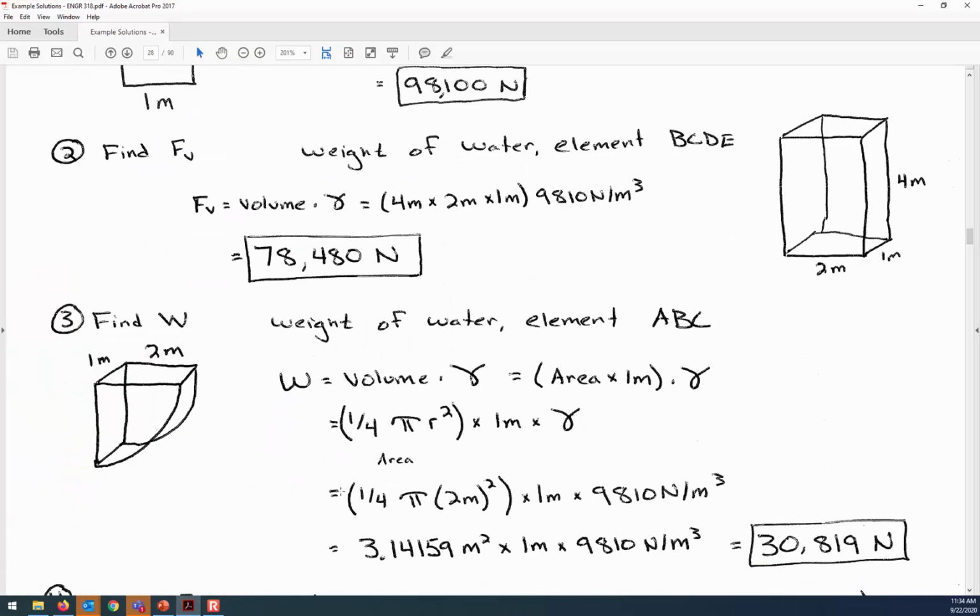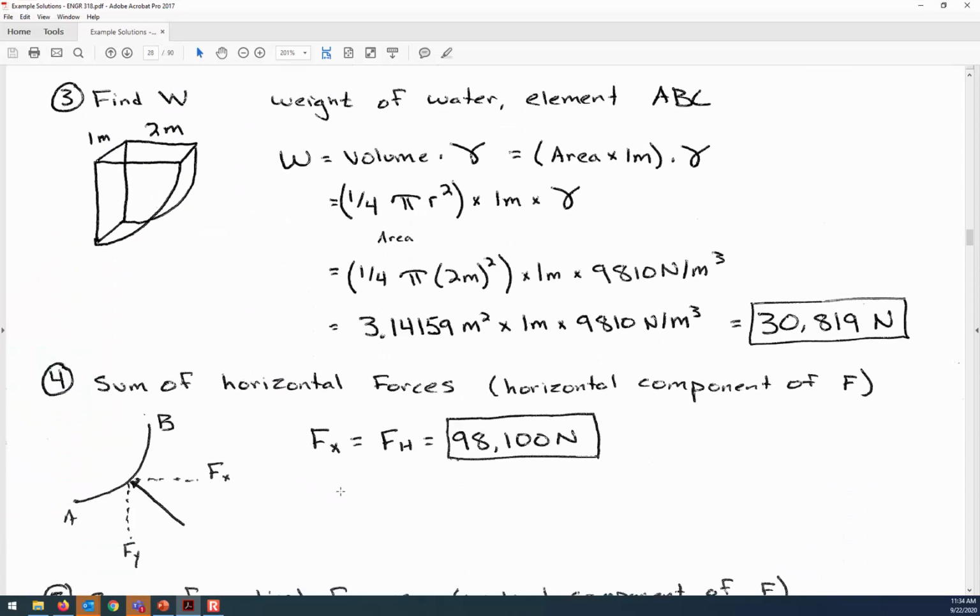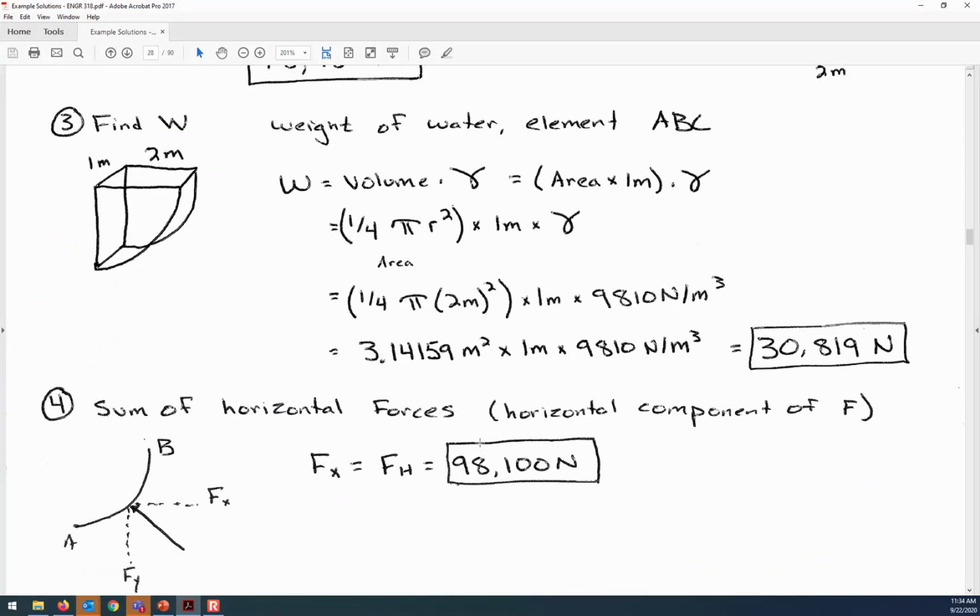So as long as I have the direction defined with my sketch, then I don't need to say that Fx is negative 98.1 kilonewtons. That would be redundant. So you can see that I have an arrow here, and I'm saying that the horizontal component of the resultant force required to hold the system steady is to the left with a magnitude of 98,100 newtons.